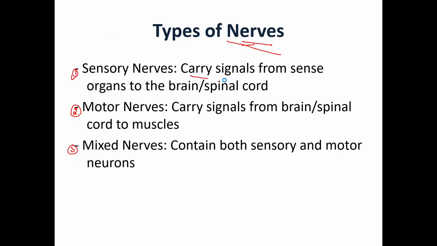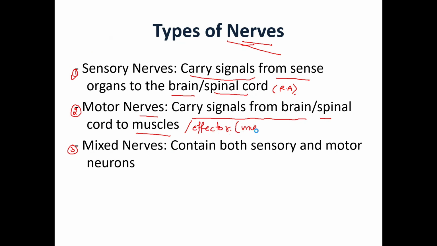Sensory nerves carry signals from sense organs and send them to the brain and spinal cord, for example in reflex action. Motor nerves carry signals from the brain and spinal cord and send them to muscles and effector organs. An effector may be a muscle or a gland, etc. A mixed nerve contains both sensory and motor neurons.